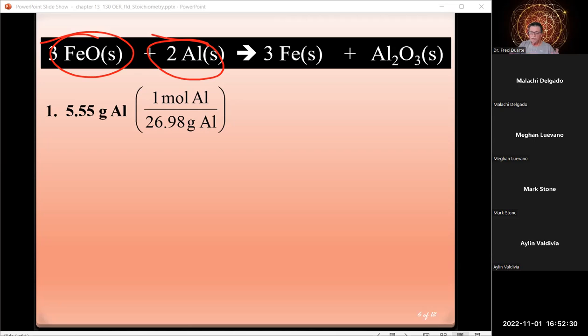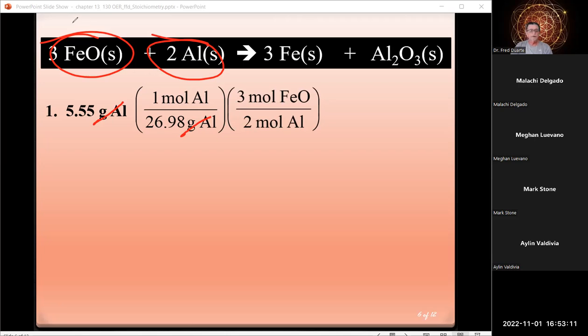If it were a compound, it would be the molar mass, but in this case it's just the element, so we just need the atomic weight. Look it up on the periodic table, it's 26.92. If you look at the units, we are dividing by the atomic weight, grams cancel, leaving us with moles of aluminum. The next coefficient ratio relates the aluminum and iron 3 oxide, which is 3:2.